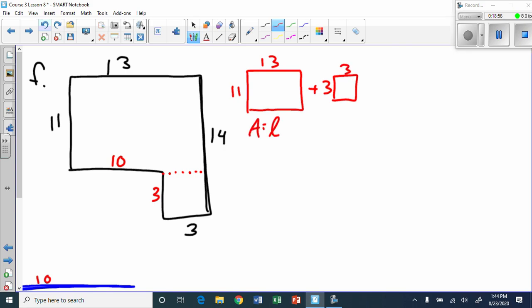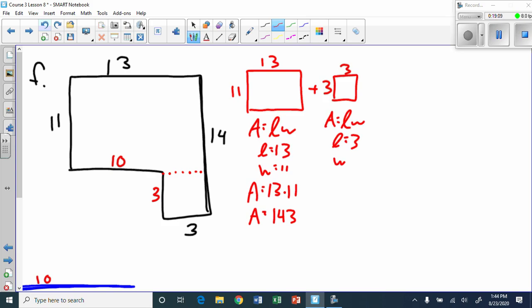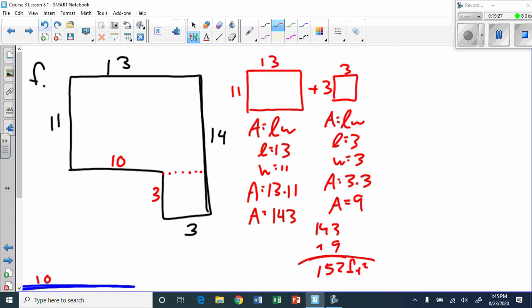So area. 13 times 11 is 143. So 143 plus 9, I get 152 units, which would be feet squared.